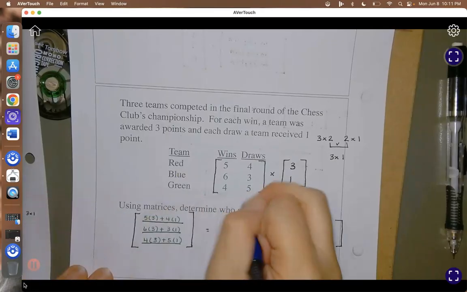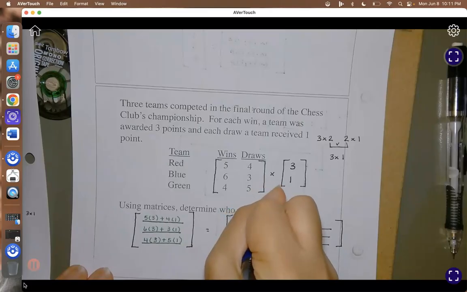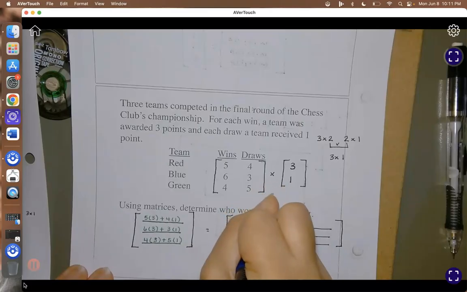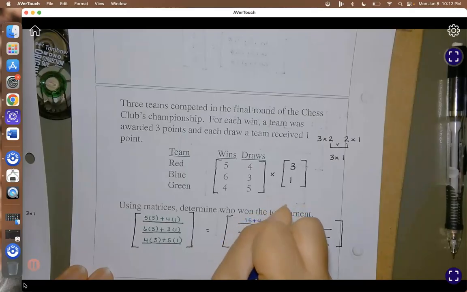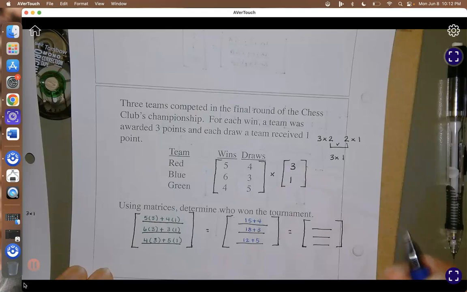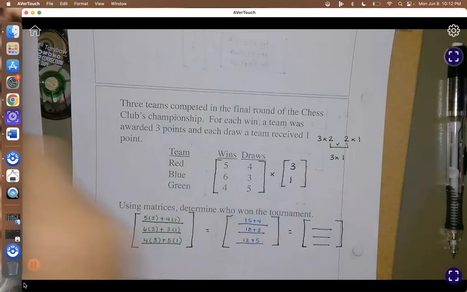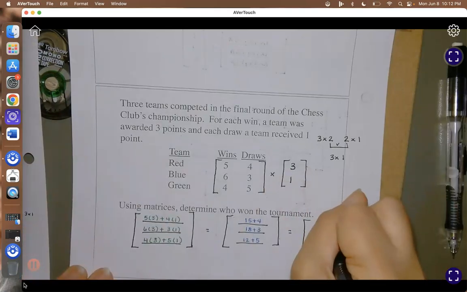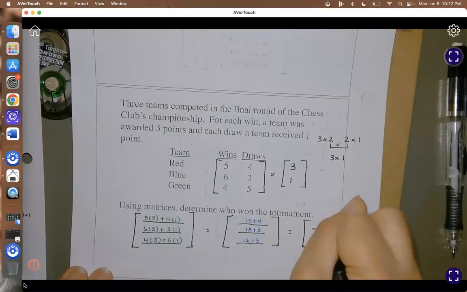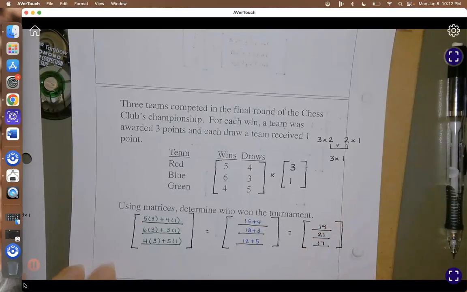All right, so here we have 15 plus 4, 18 plus 3, and 12 plus 5. And we should have no negative numbers because we're getting points here. Okay, so this is going to give me 19. This gives me 21. This gives me 17.